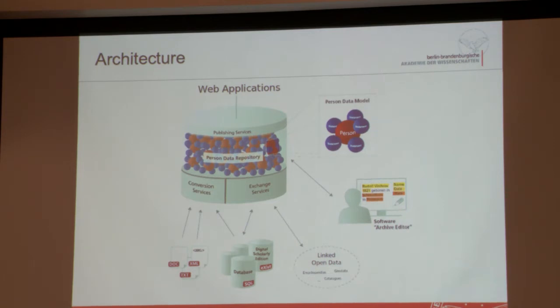And we provide exchange services for interoperability reasons. We have a software tool with a very nice user interface everybody can use to collect data. It's synchronized with the repository. You can work offline. When you synchronize, it's updated and you can search the data.